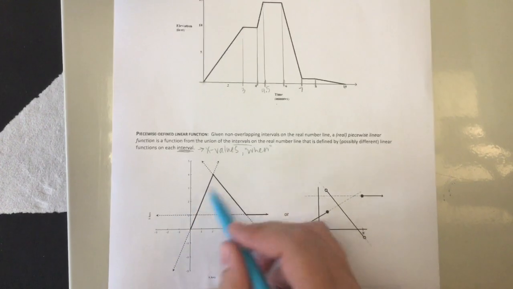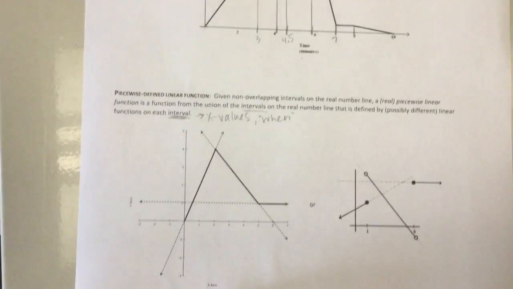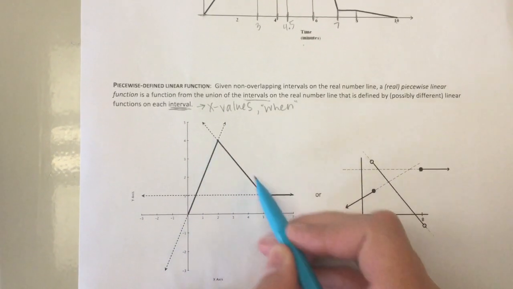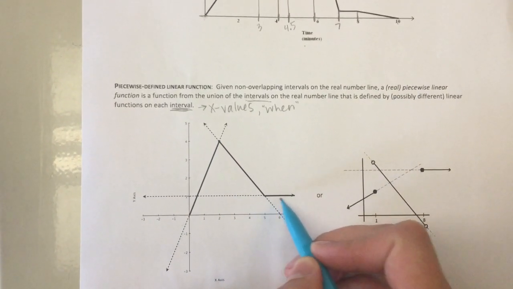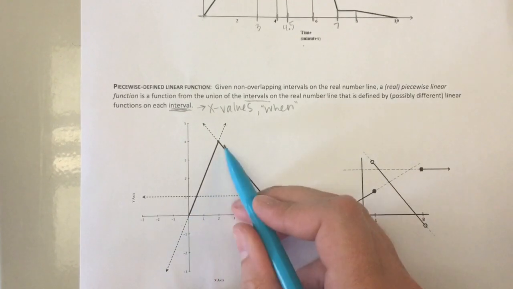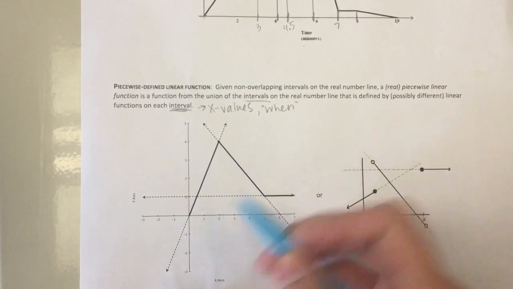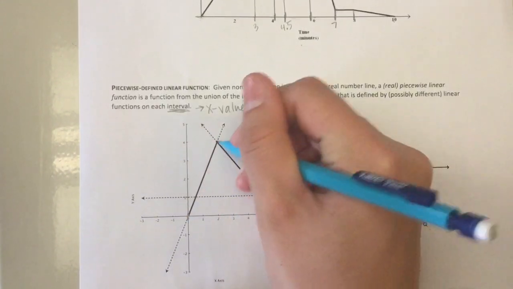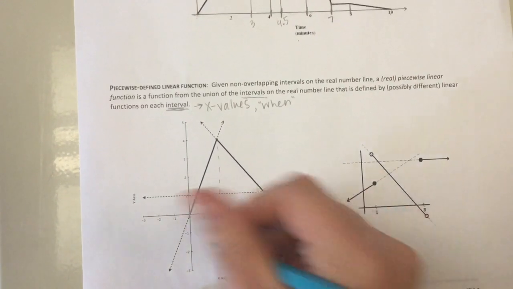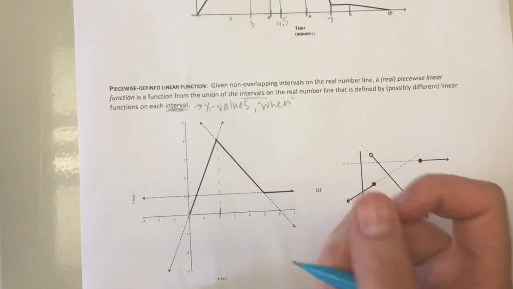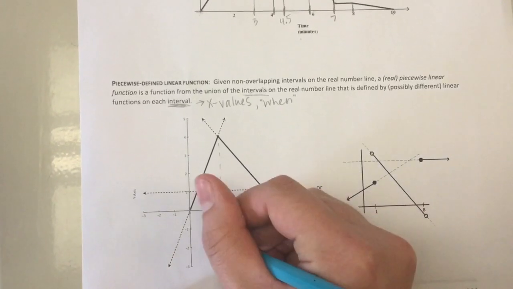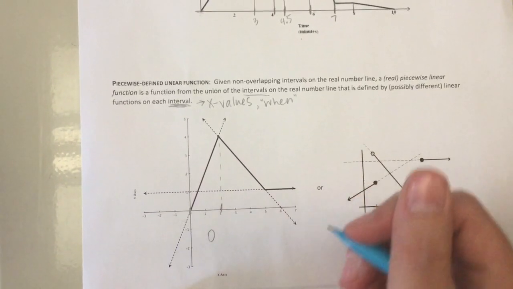So let's look at this example right here. If I think about, okay, I'm increasing and then I decrease and then I'm going at a constant rate, okay? So when am I increasing? Well, it looks like I'm starting at 0 and I'm ending at about 2. There are several ways to write intervals, but in this case I'm just asking you to identify them.